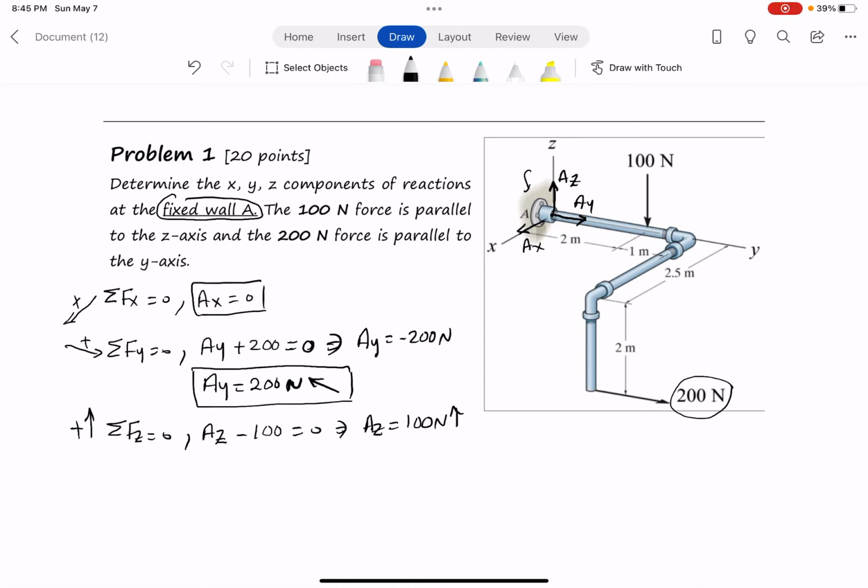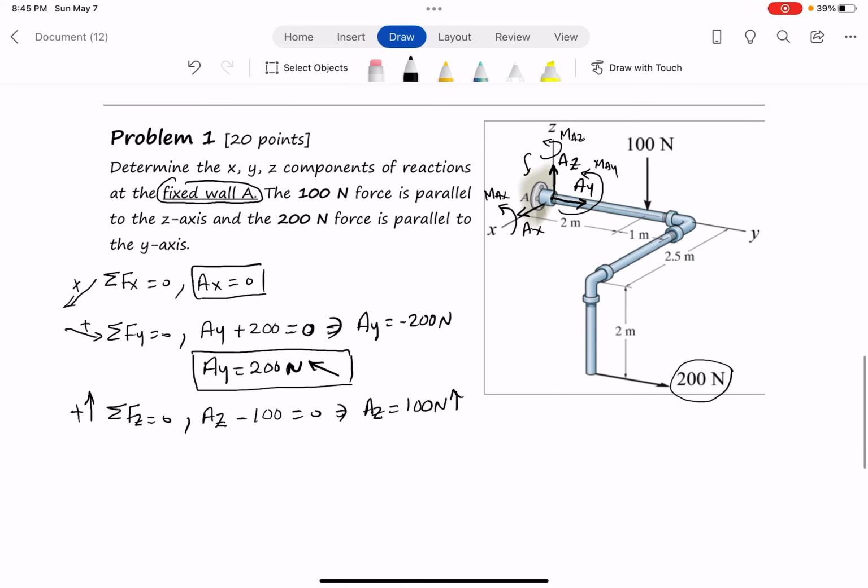Since it's a fixed support, there is also a moment. We will assume any direction you want. Assume all of them positive, counterclockwise. So this is moment AX, moment AZ, and moment AY.